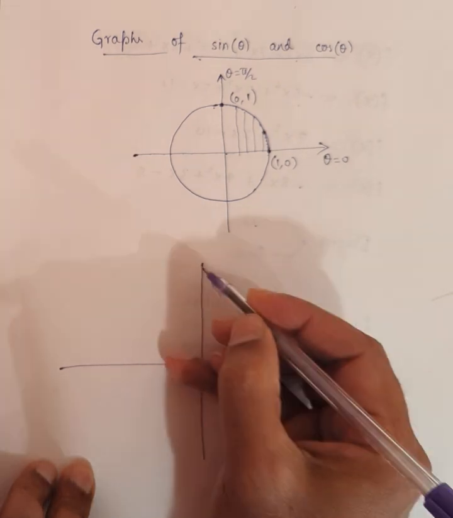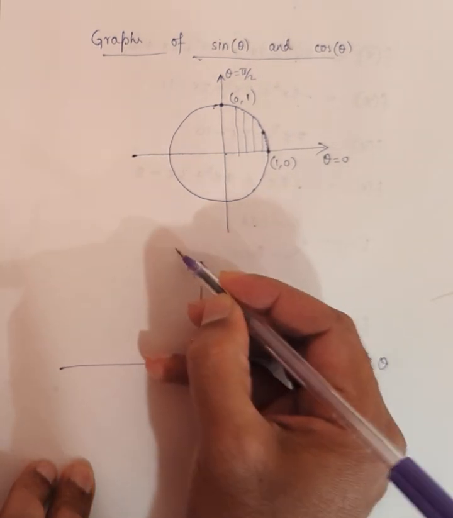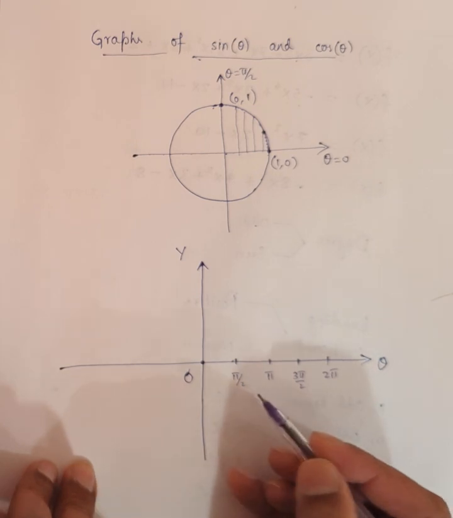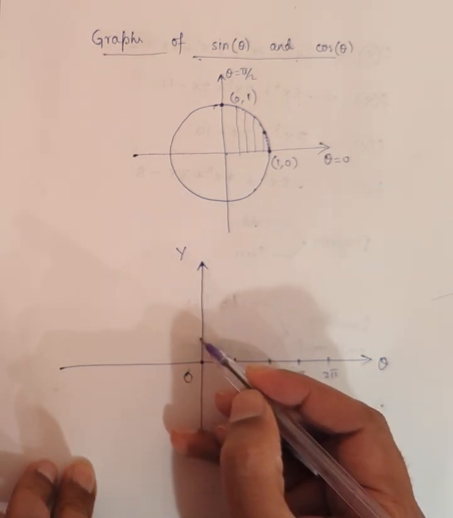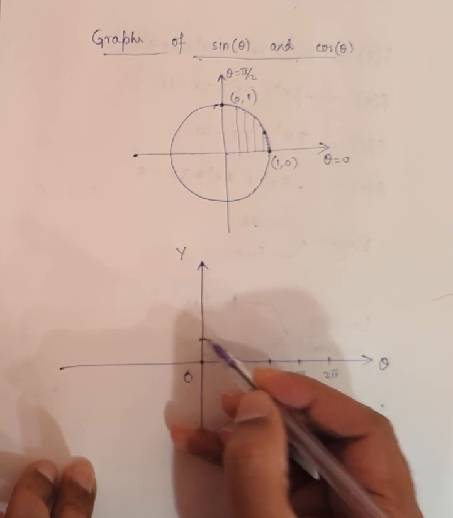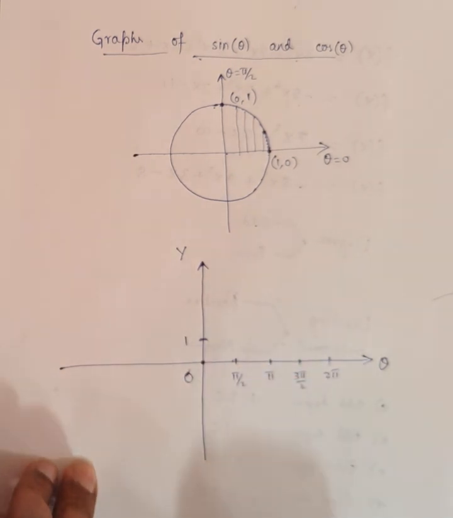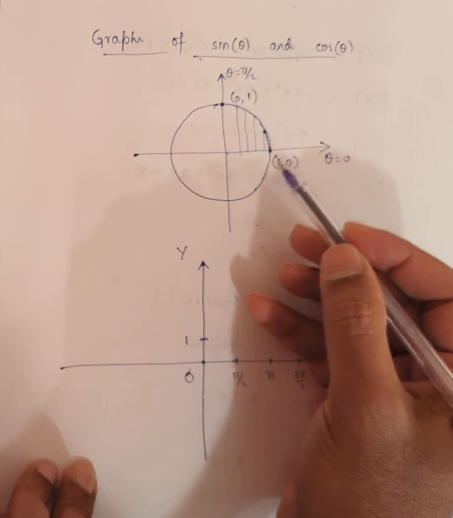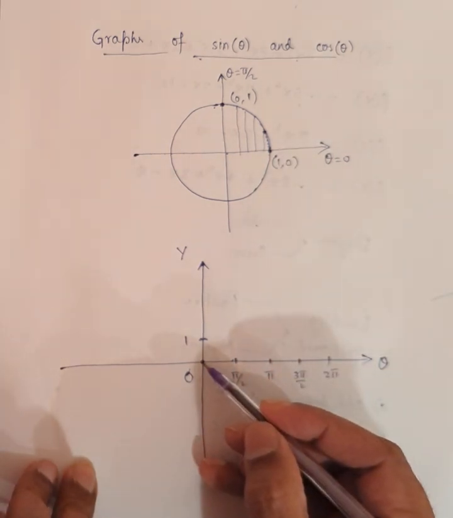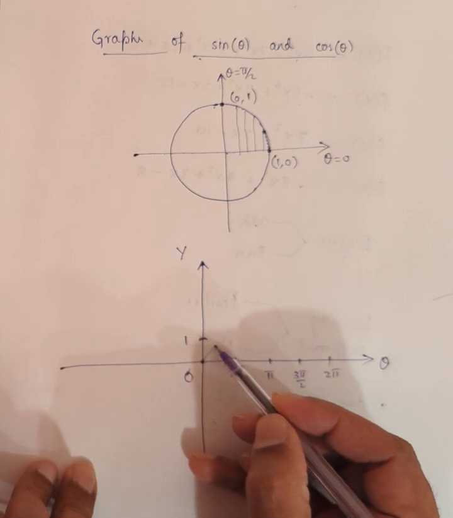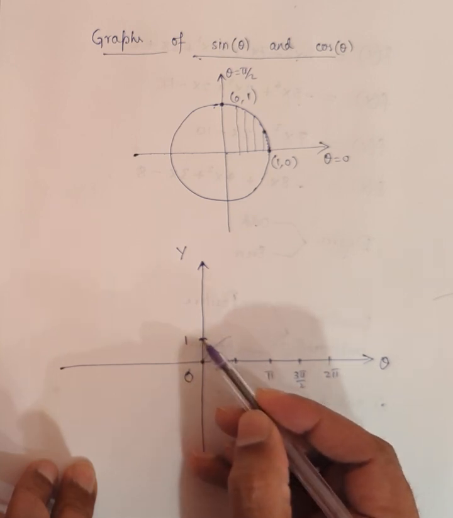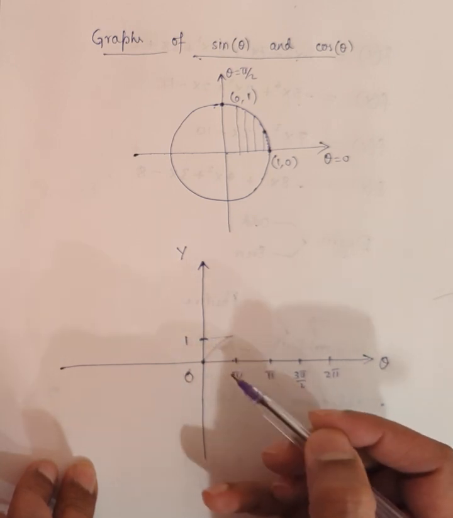So the origin, and this is the value of y. Let's say this is 1. Sine is increasing when theta goes from 0 to pi over 2. So it goes up and then attains the maximum value of 1.